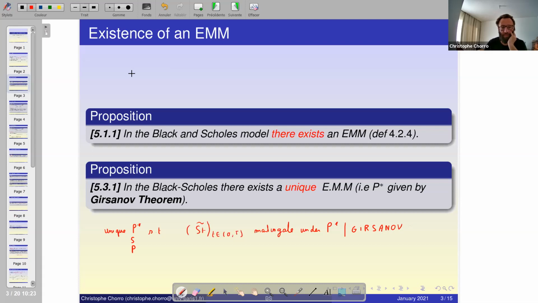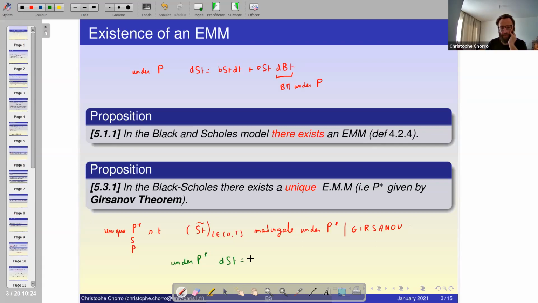So keep in mind that under P, I have dS_t equal to b S_t dt plus sigma S_t dB_t, where here I have a Brownian motion under P, and under P star, I have dS_t equal to r S_t dt plus sigma S_t dW_t, where here you have a Brownian motion under P star.